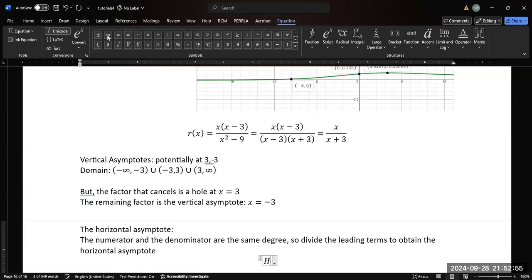So that'll be HA is y equals x over x, which is 1.